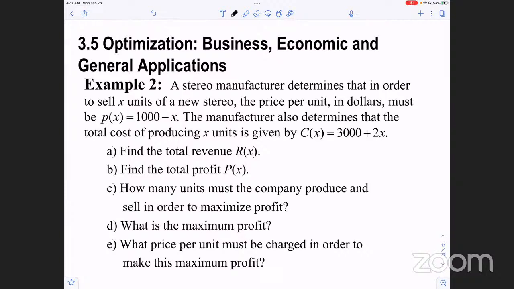All right. I think we have enough space to write it here. R of x, if we say x times P of x, it's going to be 1x minus x squared, right? Profit is revenue minus cost. The function we just found minus the cost function.